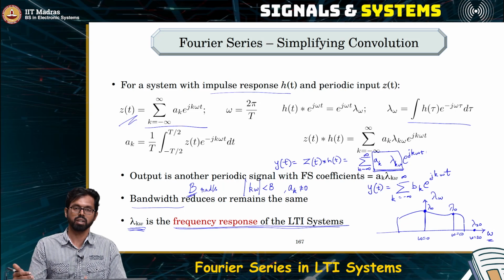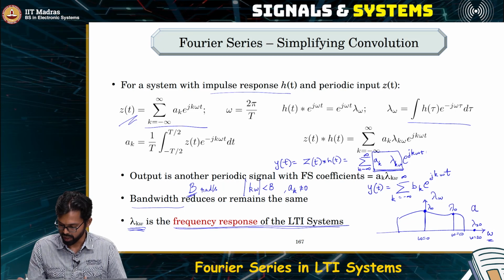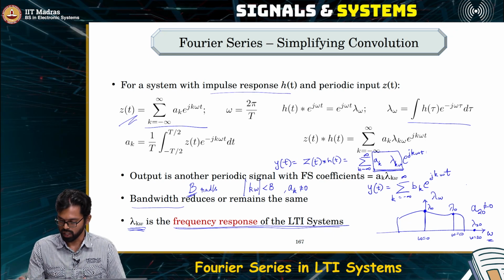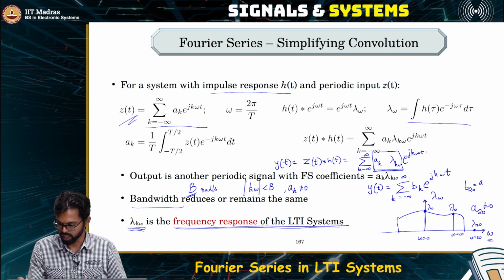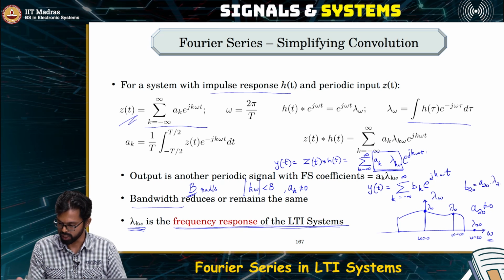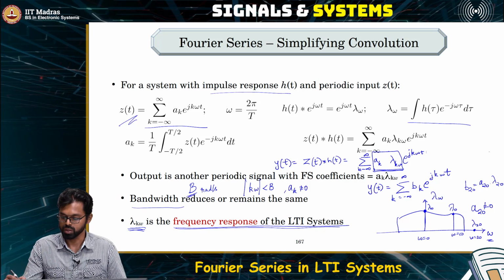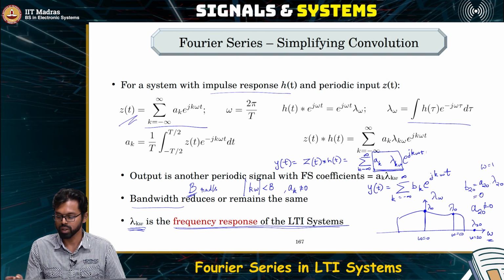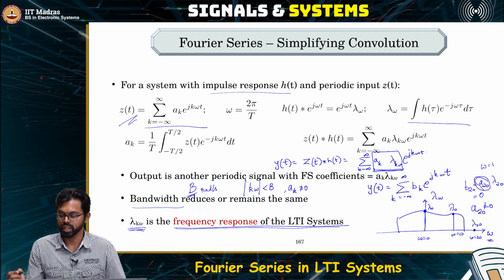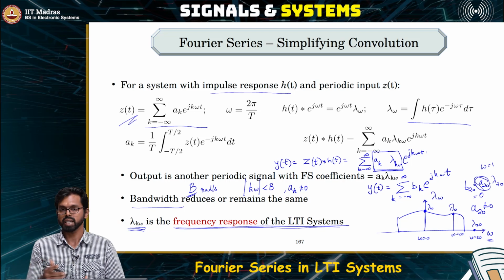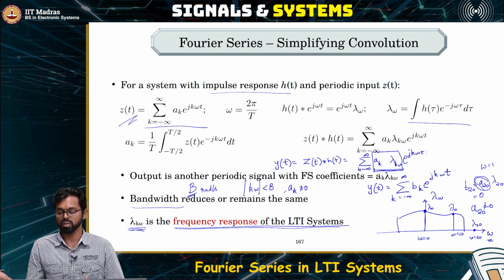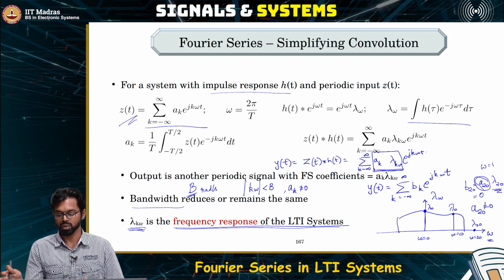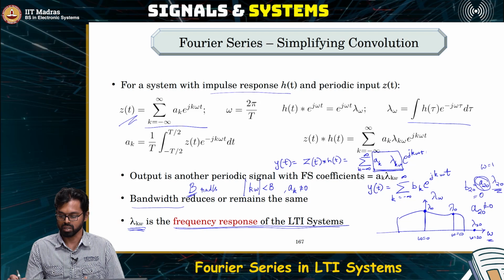Meaning, if I feed in a signal whose A20 is non-zero, the output will have B20, which is equal to A20 times lambda 20, and this is always going to be 0 no matter what the value of A20 is. So, the LTI system effectively filters out frequencies for which its eigenvalue is 0. If the eigenvalue is 0, it completely removes those frequencies from the output.